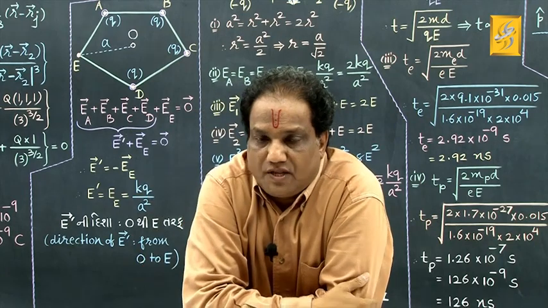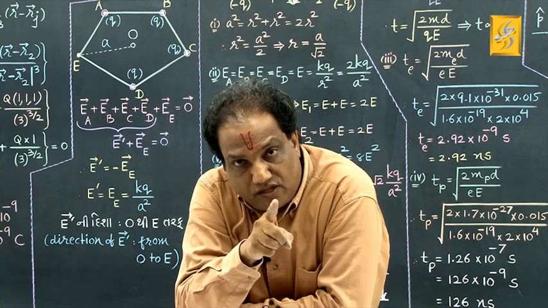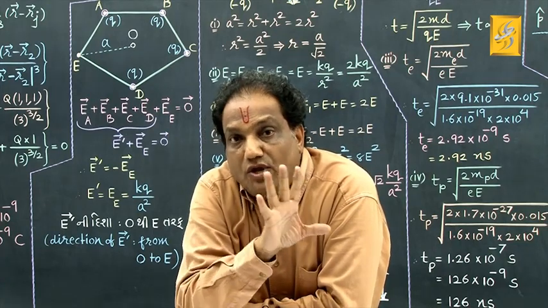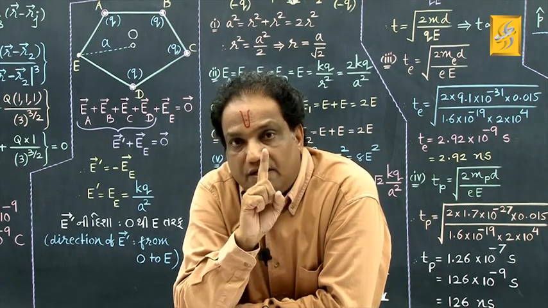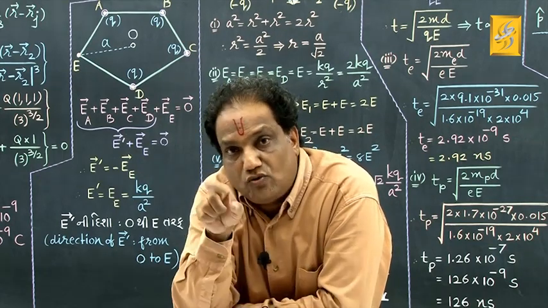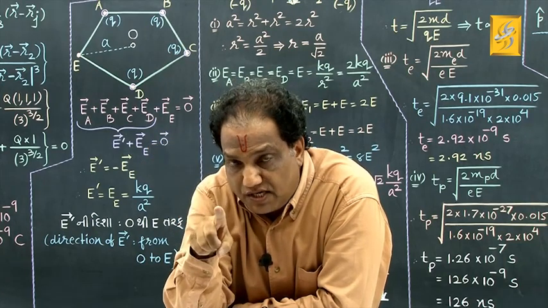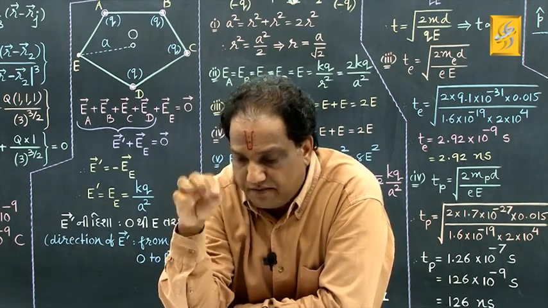I repeat, when we place identical point charges at all the vertices of a regular polygon, then the resultant electric field at its centroid is found to be 0. We are going to make use of this result in this sum, okay, fine.